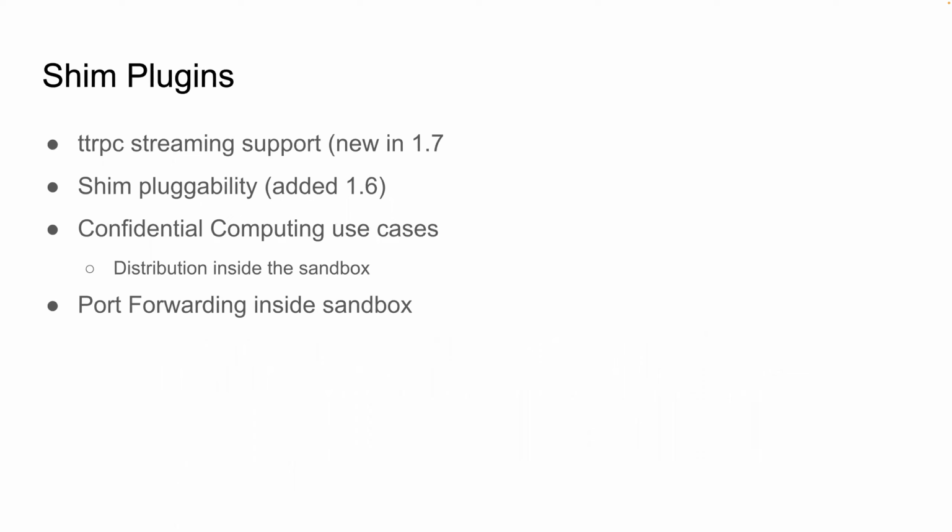All right, let me talk about the shim plugins quickly. It's somewhat related. We added in 1.6 a new pluggable interface, adding the ability to add more proto services. So traditionally, the shim API has been a single proto task service. The sandbox API now has two services.